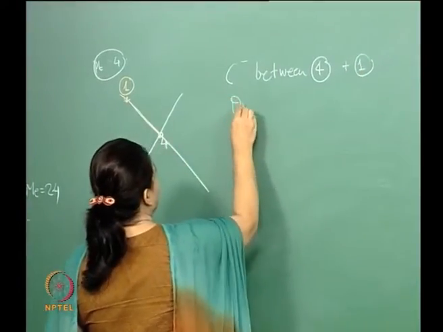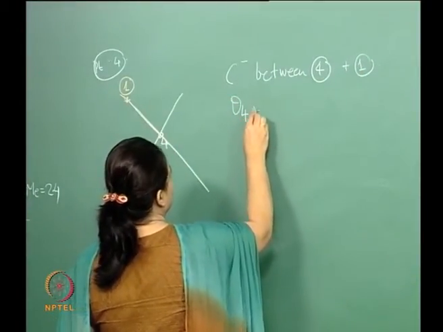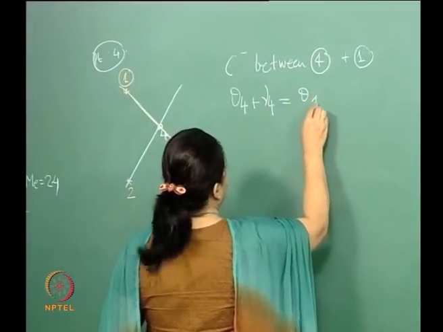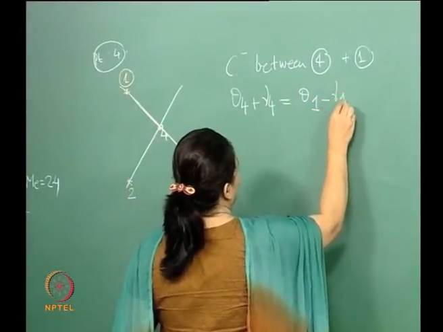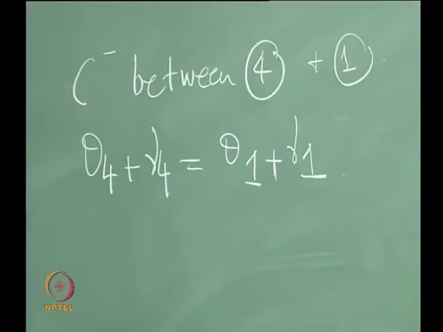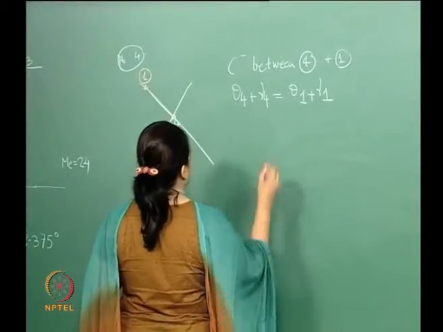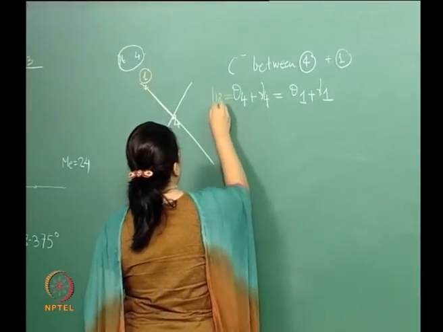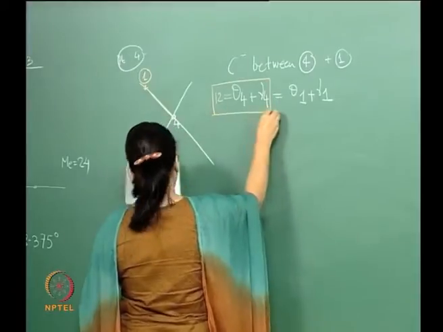So what we have is theta 4 plus mu 4 is theta 1 plus mu 1, right. Now theta 1 is 2 and mu 1 is 10, which we found from before. So therefore this is equal to 12.